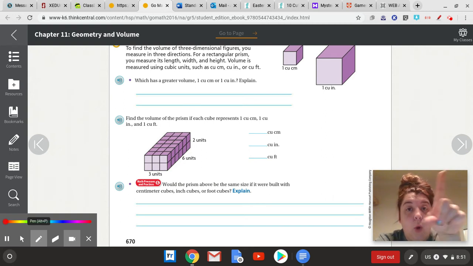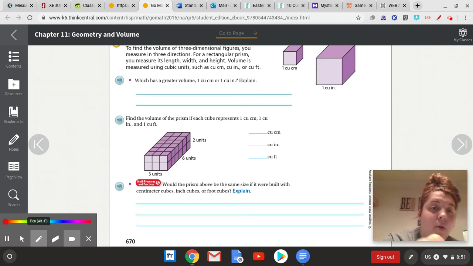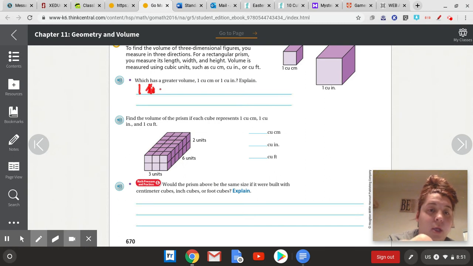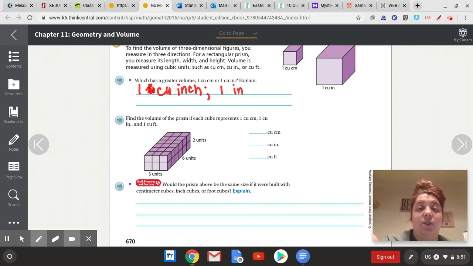Each are worth 1, but which one has a greater volume? Well, if you use your common sense, 1 cubic inch would have the greater volume because 1 inch is greater than 1 centimeter.